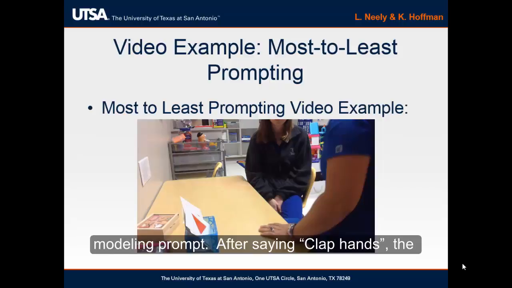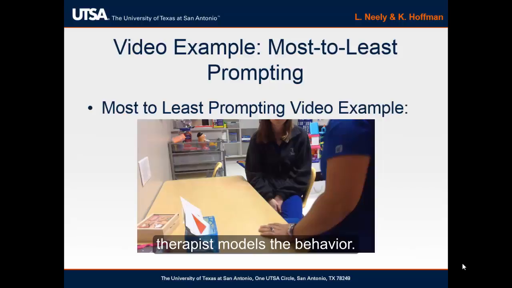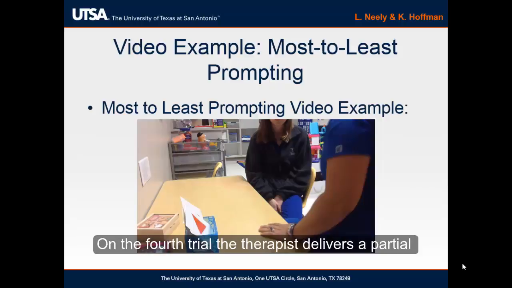So after saying clap hands, the therapist models the behavior. On the fourth trial, the therapist delivers a partial modeling prompt where she begins the response but does not model the full clapping behavior. And on the final trial, no prompt is given, and the learner completes the response independently.